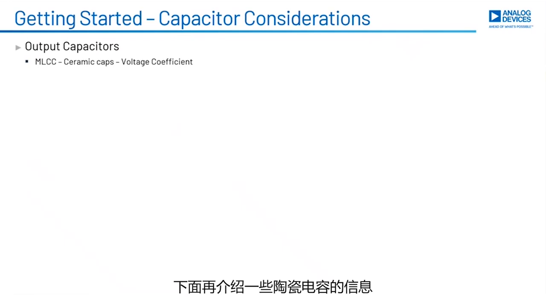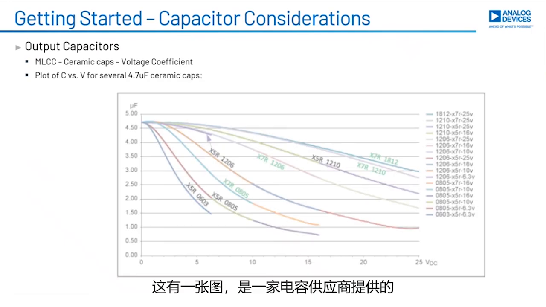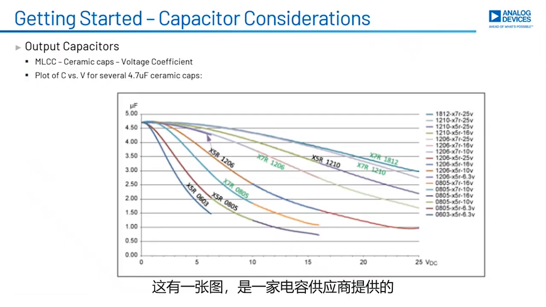A little more detail about the ceramic caps. Here's a plot. This is from one of the cap vendors, and it shows a whole bunch of, these are all 4.7 microfarad ceramic caps. They're in different package sizes, from 0603 all the way up to 1812, a couple of different dielectrics, and different voltage ratings.